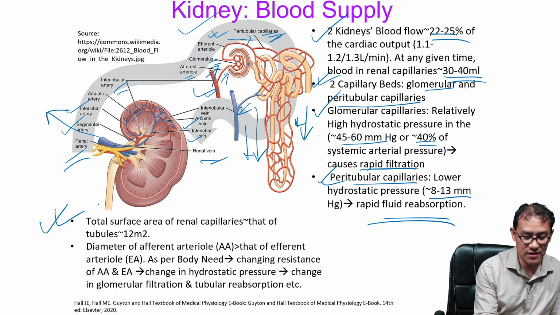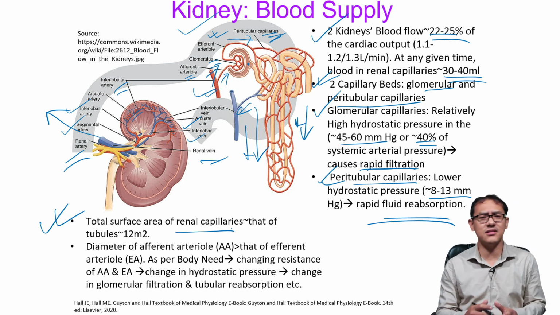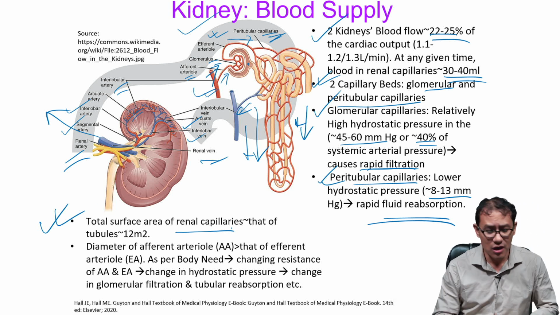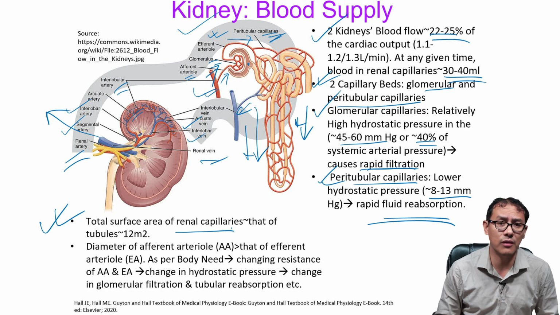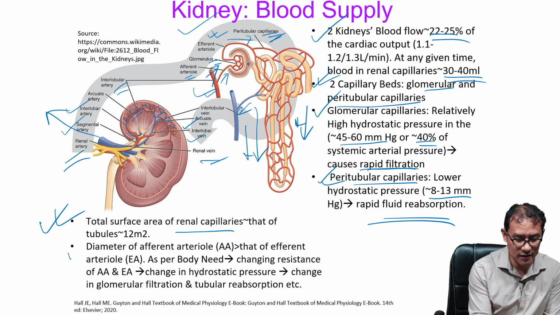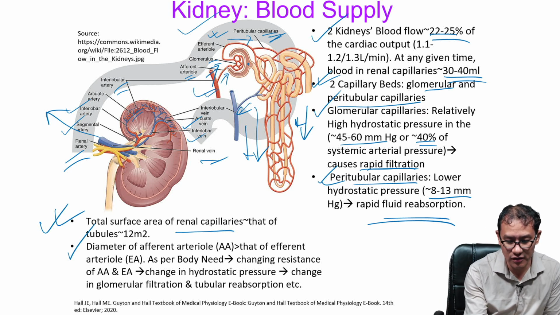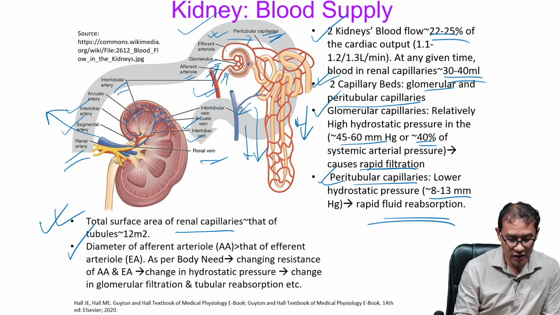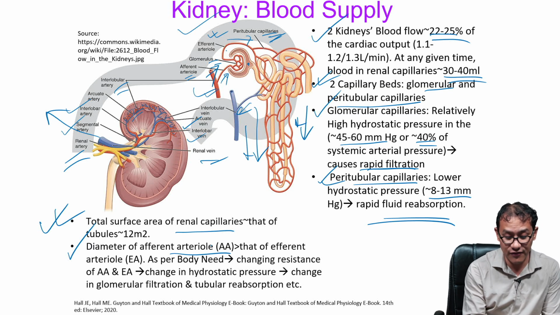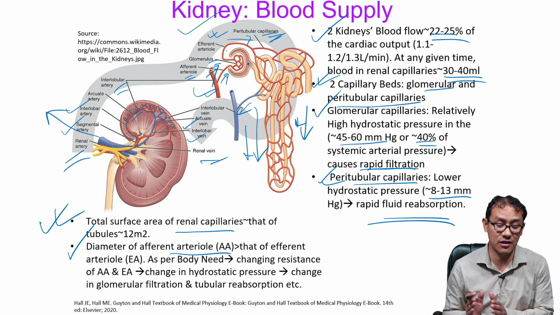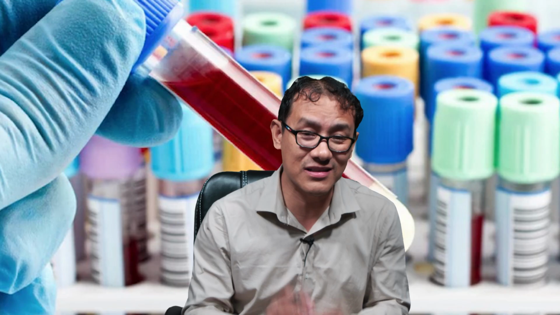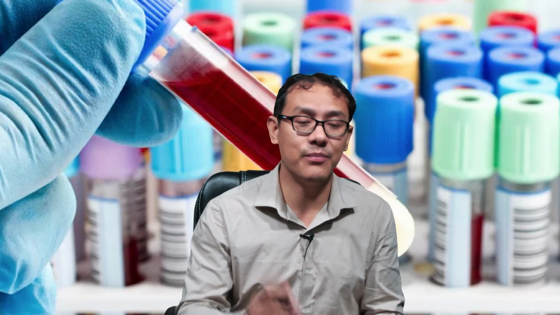The total surface area of the renal capillary is approximately equal to that of the tubules, which is about 12 square meters. If you see the diameter of the afferent and efferent arterioles, the diameter of the afferent arteriole going to the glomerulus is slightly larger as compared to the efferent arteriole.